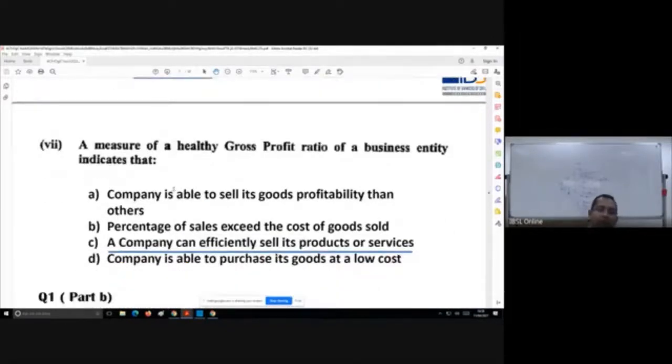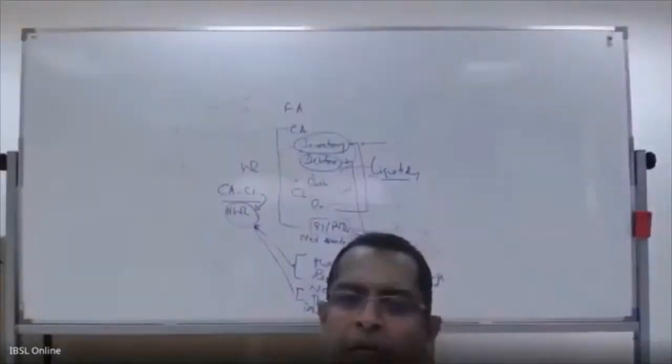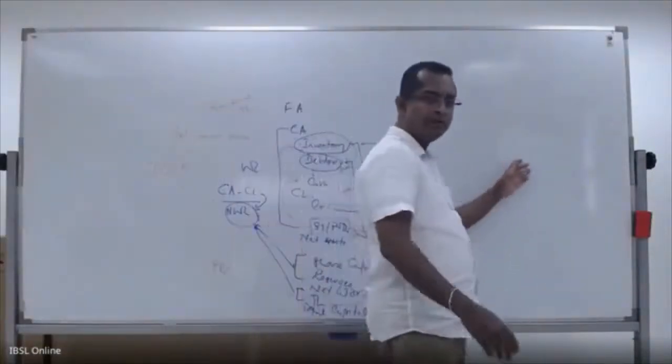A measure of a healthy gross profit ratio of a business entity indicates that, right? Look at the board again. You can see this part, right?